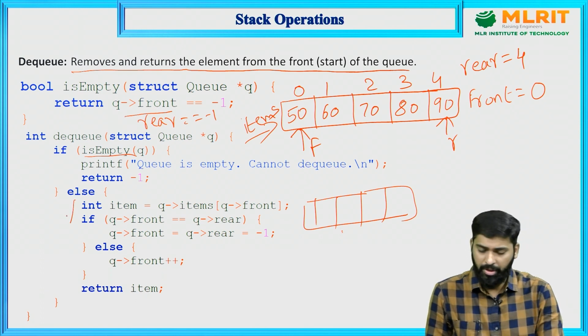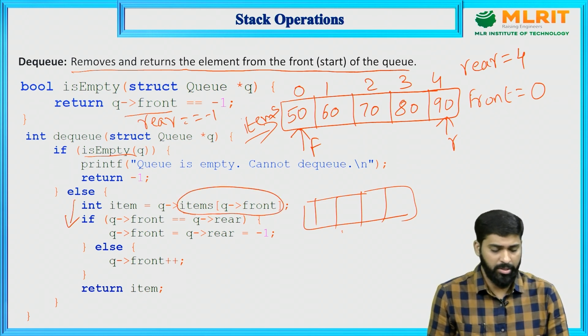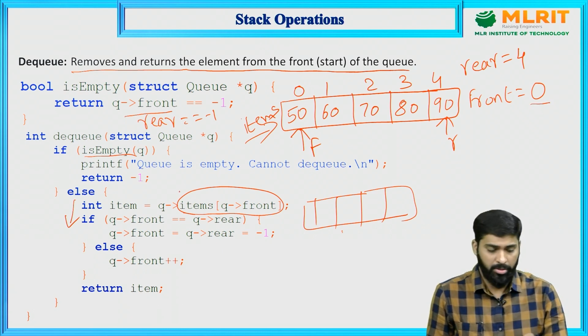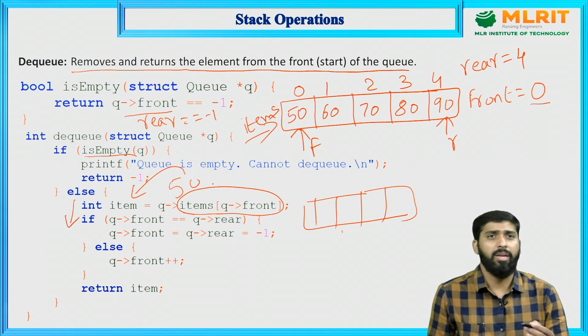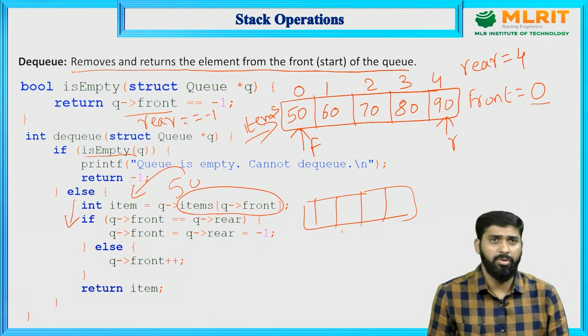So we move to the else part. Item equals items of front. What is the item of front? Front value equals 0, so what is items of 0? 50 is assigned to item, to know which element is deleted. And we check whether front equals rear.